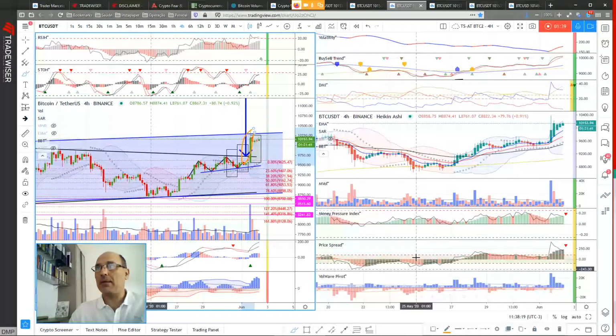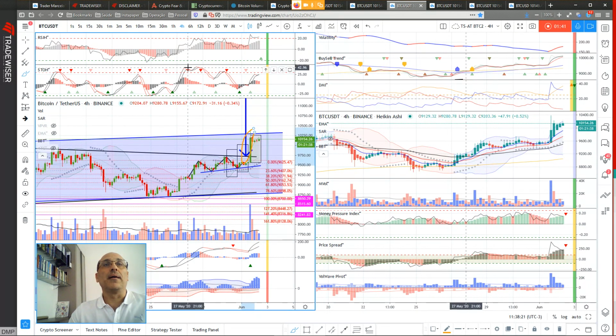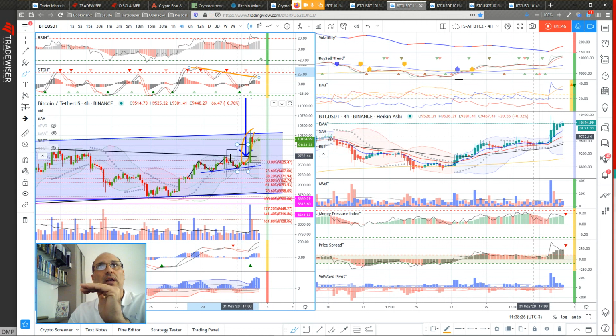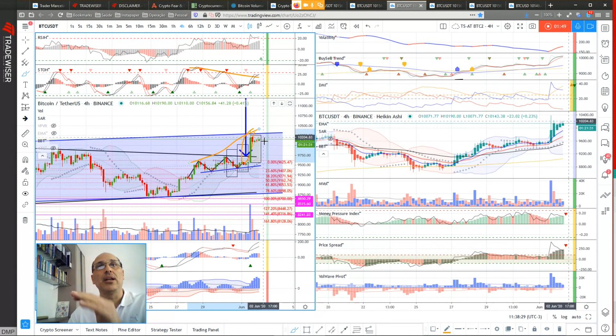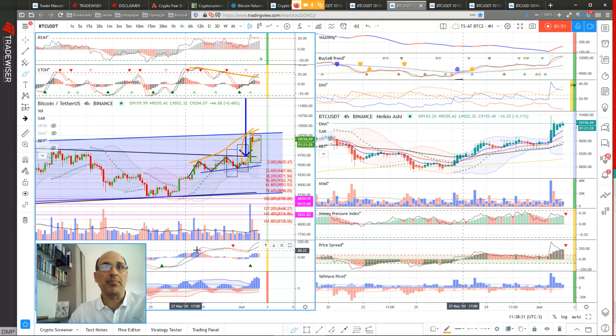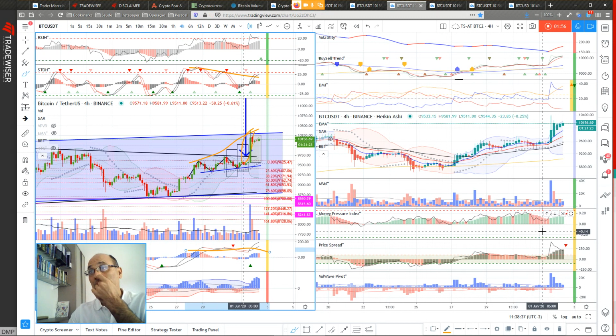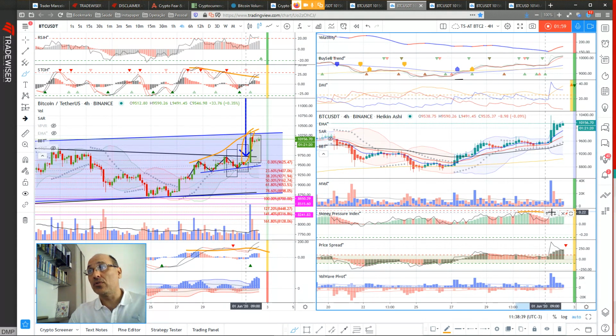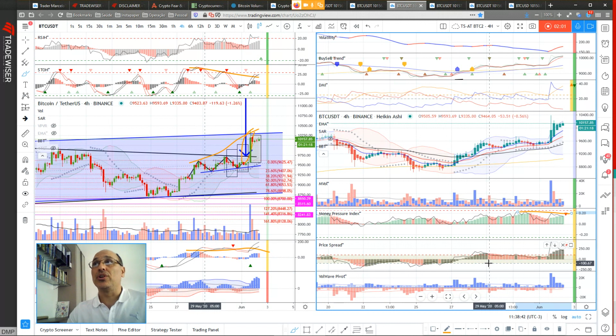When that happens, you can see a kind of downtrend line on the stochastic while we have an uptrend line on the price. That also happens with the histogram for the MACD, and it is also going on in the money pressure. So it looks like Bitcoin might stabilize its price for another day or so while the altcoins come up.